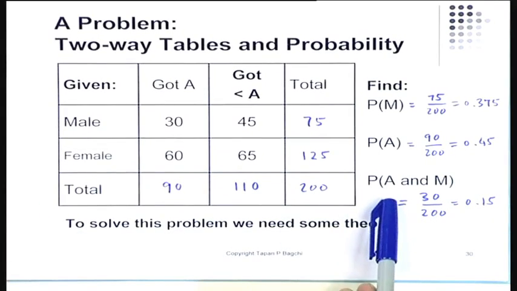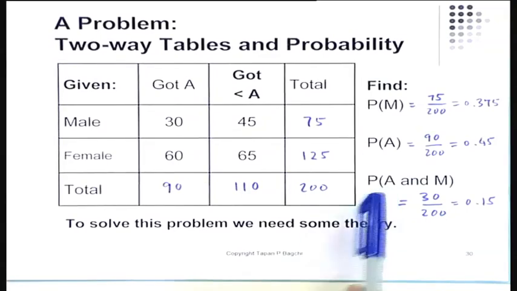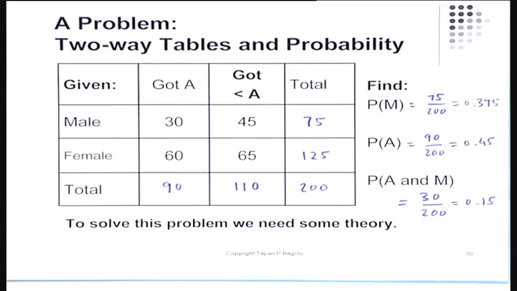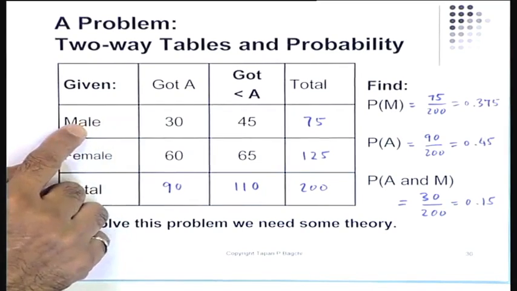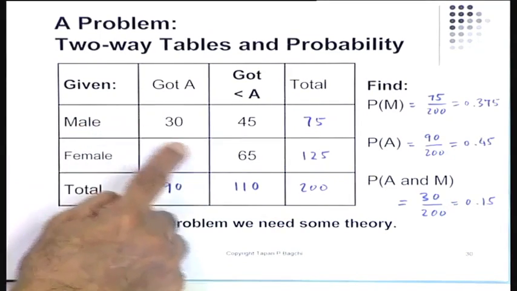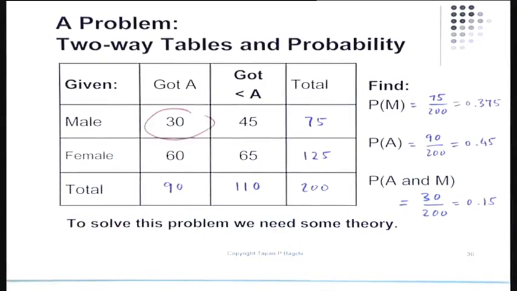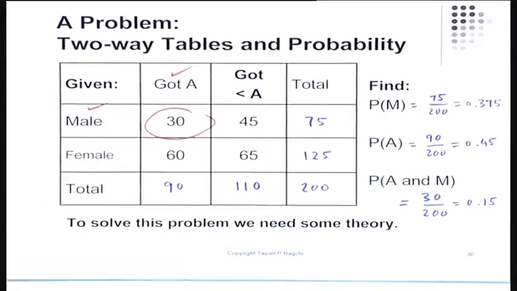Now what is the other question? The question is, somebody randomly picked was male and also scored A. How do I find that? For that, I search in this space where the count is available for both of those events. Somebody scored A and also was male, and that turns out to be this space here. This is really the number that meets this condition and also this condition.